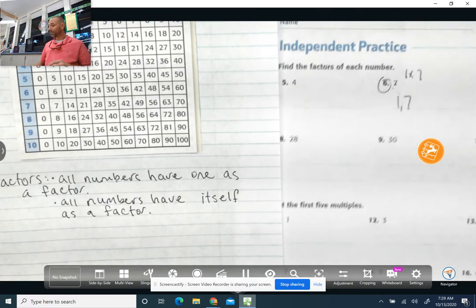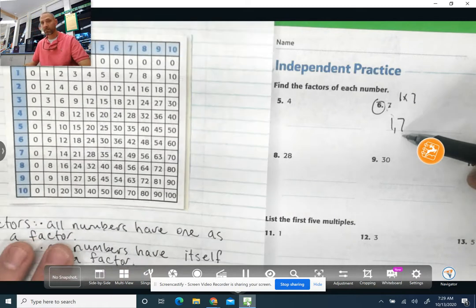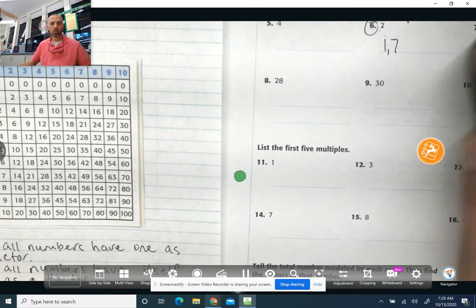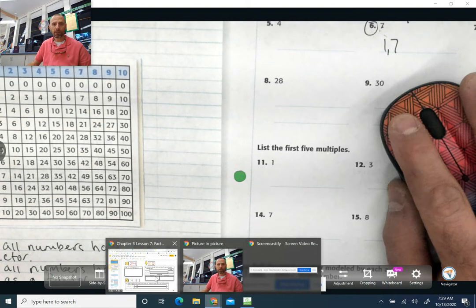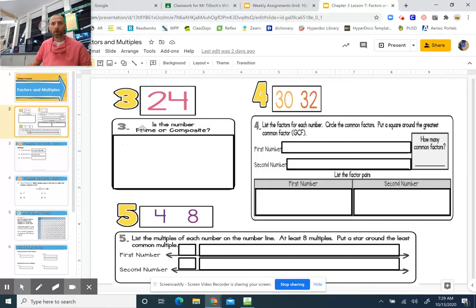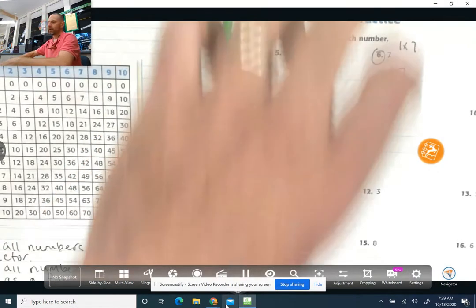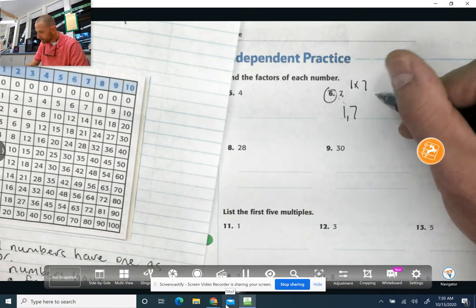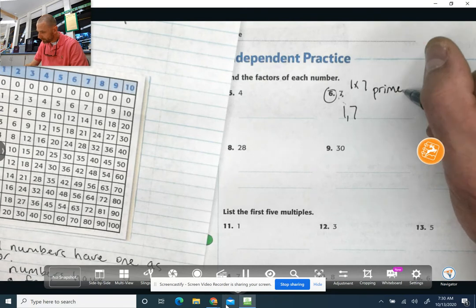But because we didn't find anything else for 7, this is what number 3 in Mountain Math is talking about, right? Is the number prime or composite? So I'm kind of giving you a double lesson here. But 7 is a prime number.